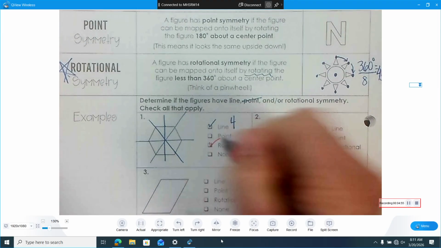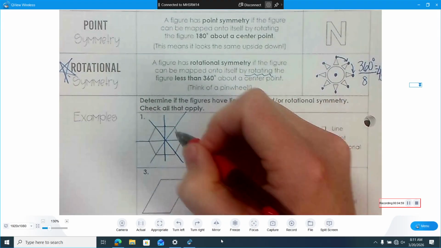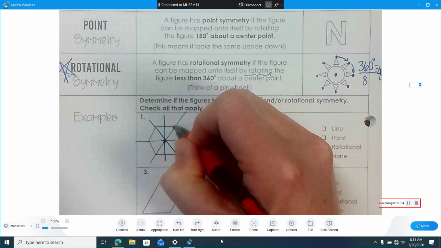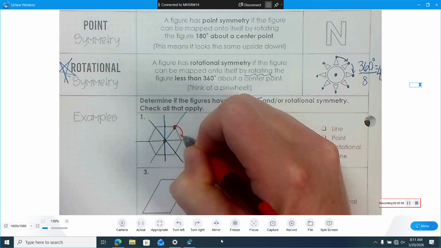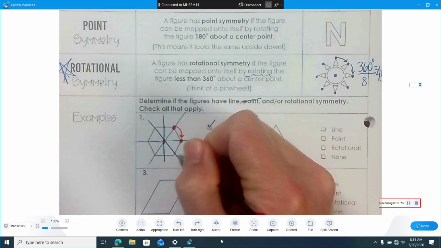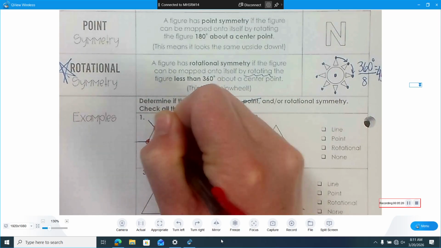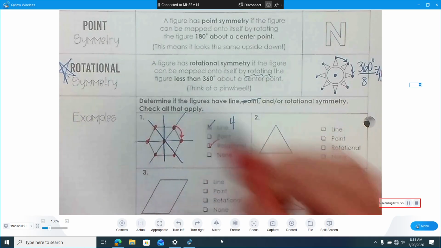Yes, it does. And so again, how do we figure out the rotational symmetry? You can imagine if it's spinning like a pinwheel, I'm going to just take a corner, a vertex here, and if I rotate it and that corner lines up on top of itself, then it would have rotational symmetry. Well, how many times can those corners line up? 1, 2, 3, 4, 5, 6.